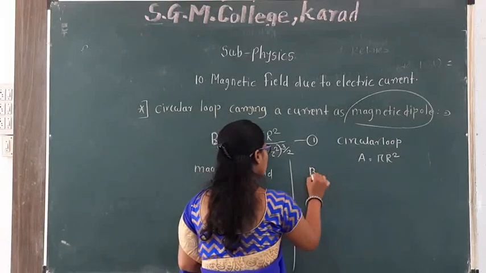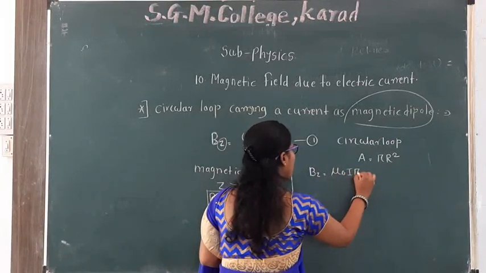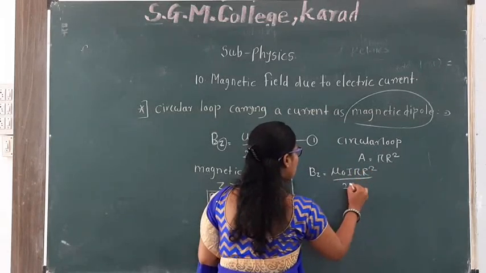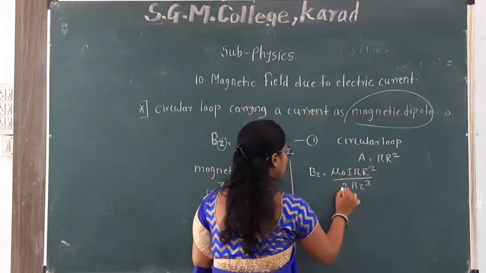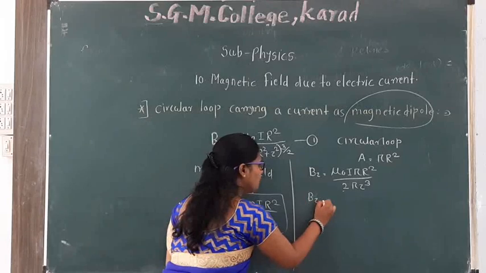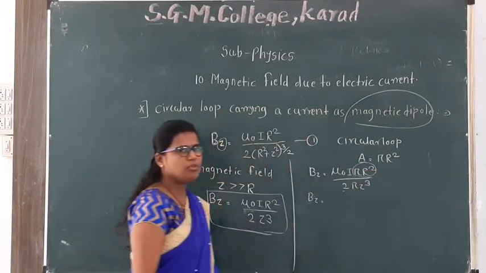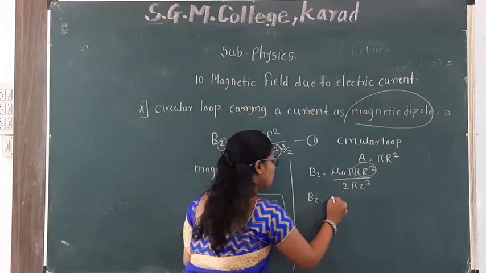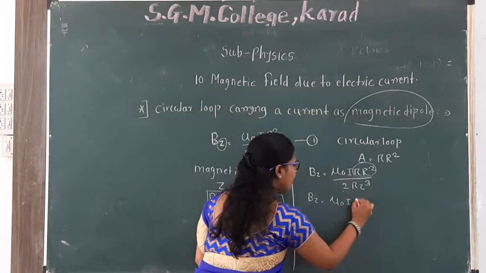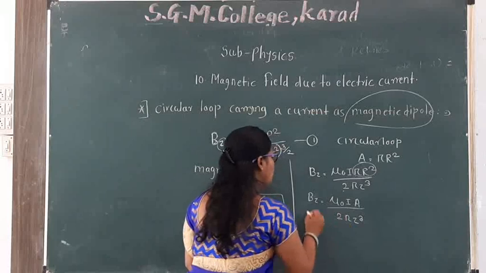Then Bz is equal to mu 0 I pi r square upon 2 pi z cube. Now pi r square means the area of the circular loop. So Bz is equal to mu 0 I A upon 2 pi z cube.